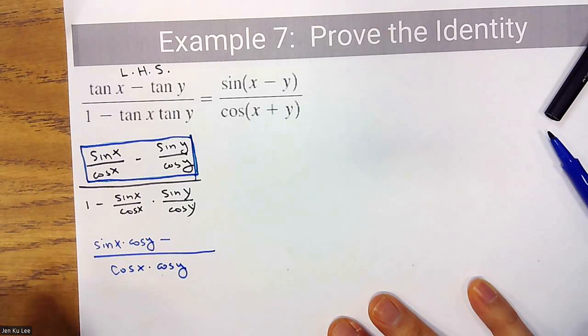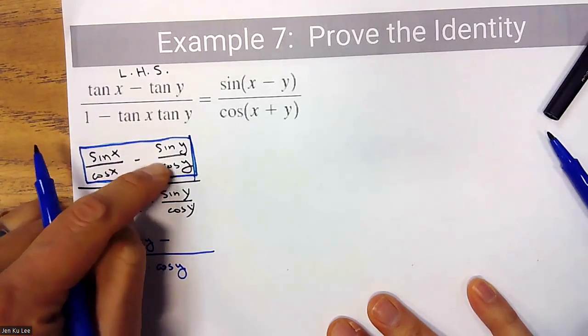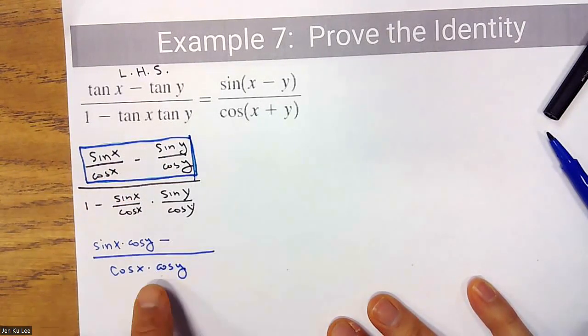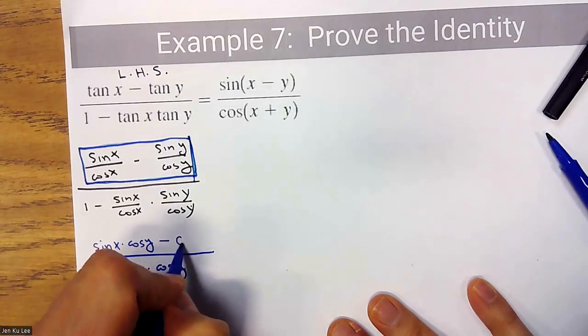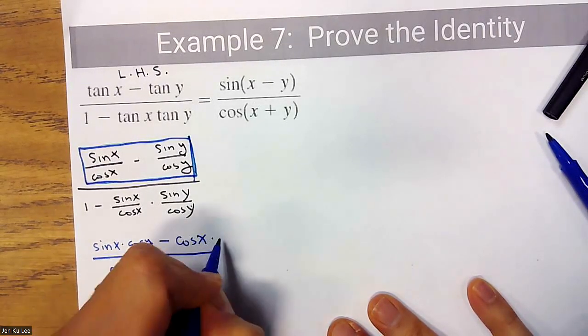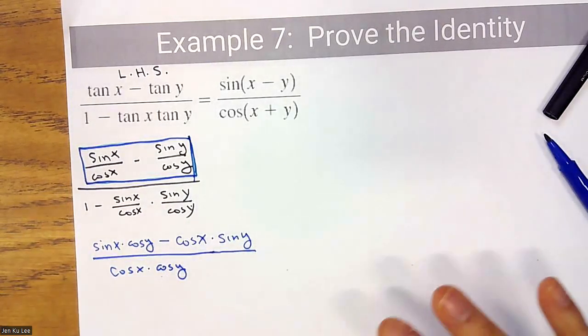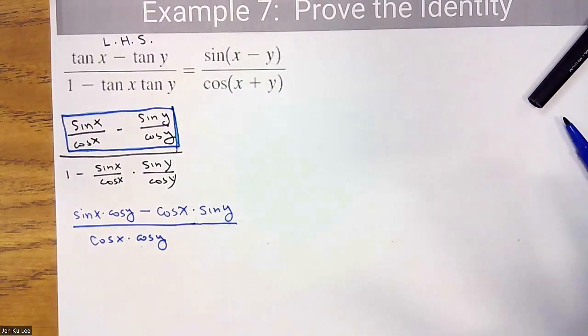Minus, here I would need to multiply both top and bottom by cosine of x, in order to get this denominator. So cosine of x times sine of y. I got that. Questions on how I got that?